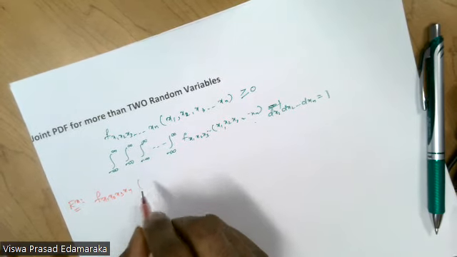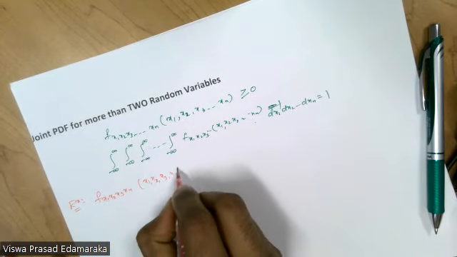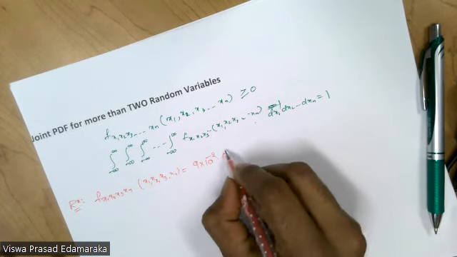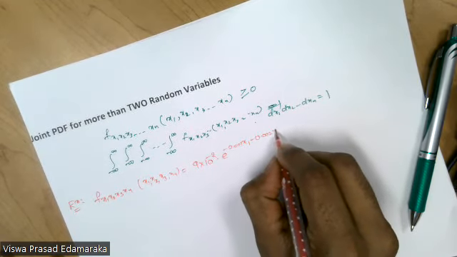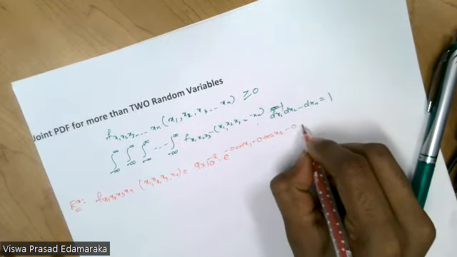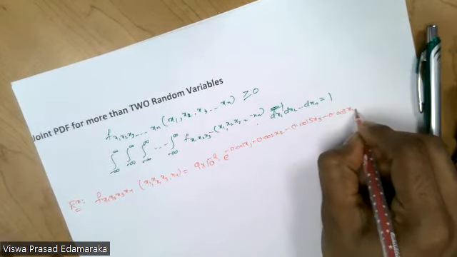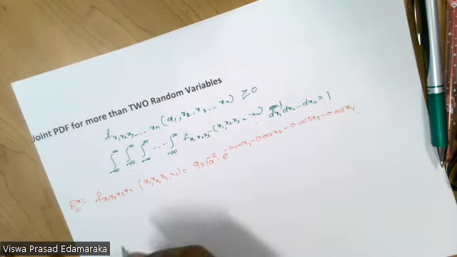There are four different random variables. The function is 9 into 10 power of minus 2 e power of minus 0.001x1 minus 0.002x2 minus 0.0015x3 minus 0.003x4. So this is f of x.